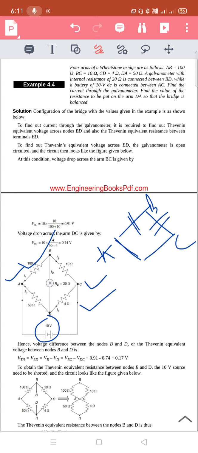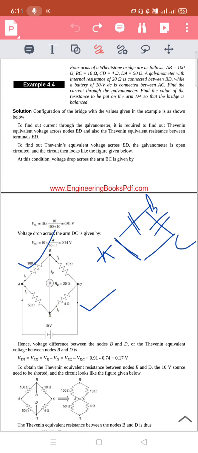So it's asking how much current will be flowing through the galvanometer, that is ID. We have to find the value of this ID, and our main purpose is to find the resistance of arm AD so that our bridge is balanced.